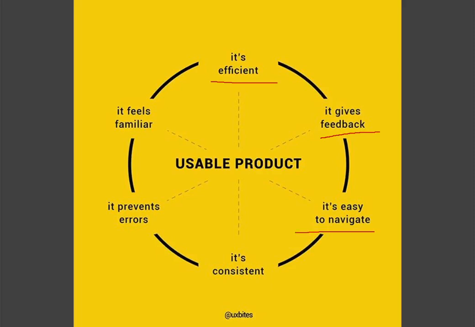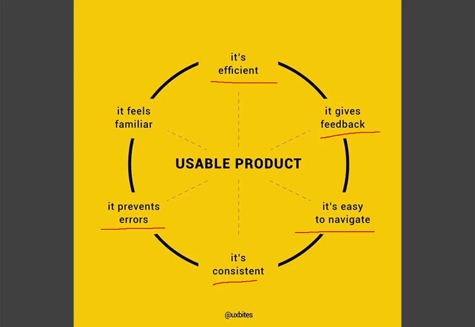Okay, it should be easy to navigate, easy to find the menu you are looking for in a matter of seconds. Okay, a usable product should be consistent, meaning if you used red color for a cancel button, you can't use the red color again for the accept button or any other buttons for the other page. It should be consistent. Okay.